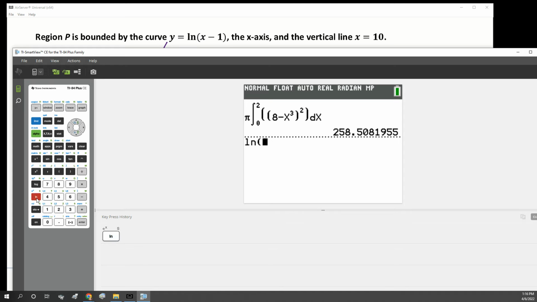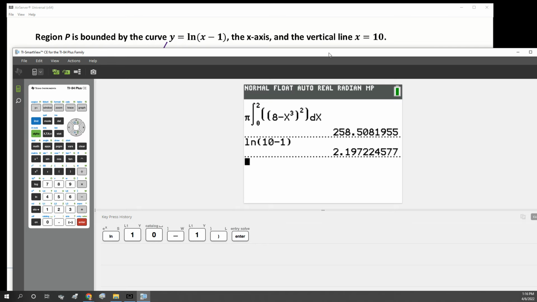You would do the natural log of 10 minus 1, or the natural log of 9, however you want to do it. Then we'll go to several decimal places.